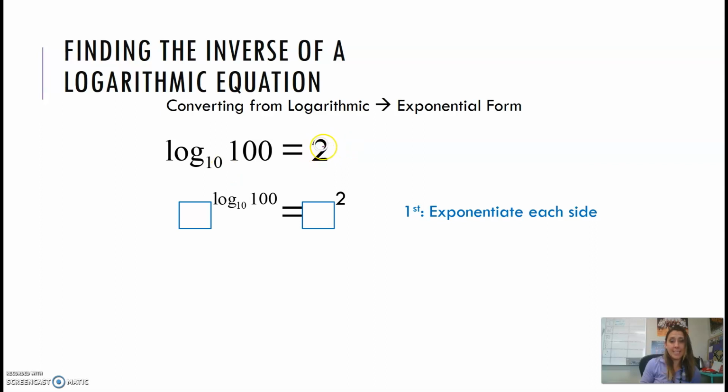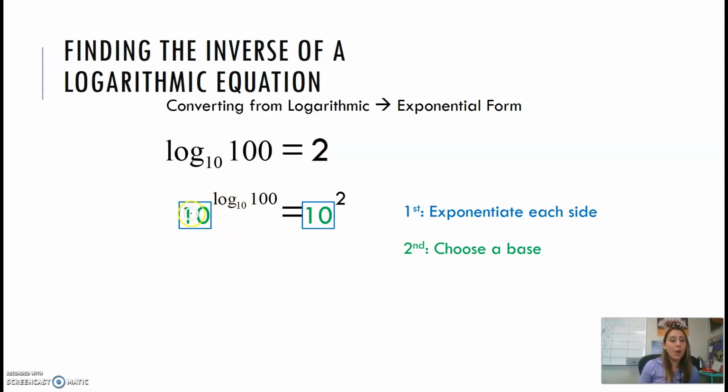So we have some base raised to the log base 10 of 100 is equal to some base raised to the second power. Then we choose our base, but our base is already given to us, so we choose base 10.